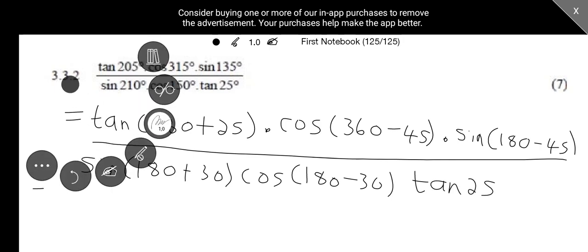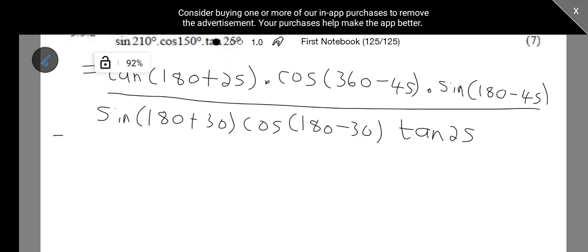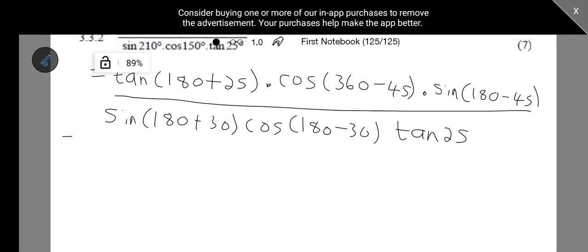So now we're getting to the actual business here. Because tan 180 plus is in the quadrant for tan, it means that tan will be positive, and this will be tan 25. It's because 180 plus is in the third quadrant, and tan in the third quadrant is positive. Hence we say positive tan 25.